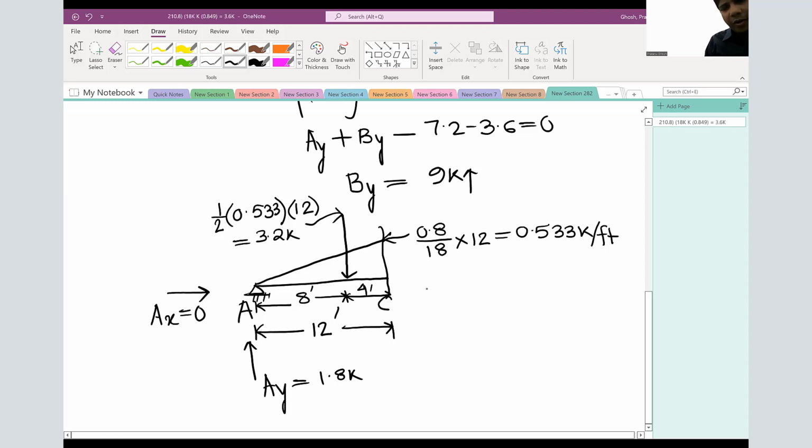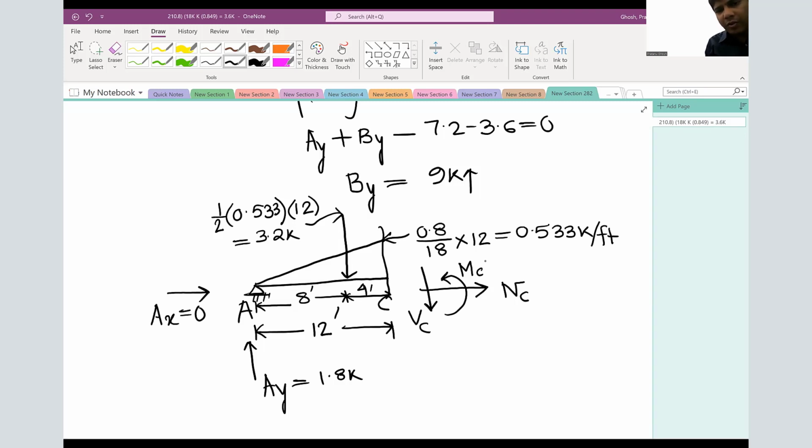Our aim is to find all internal forces, so NC, VC downward from this side, and MC counterclockwise. So let's apply the equilibrium equations. We got our new height by proportion, we got our new equivalent triangular loading, and then we applied all the internal forces which you need to compute.